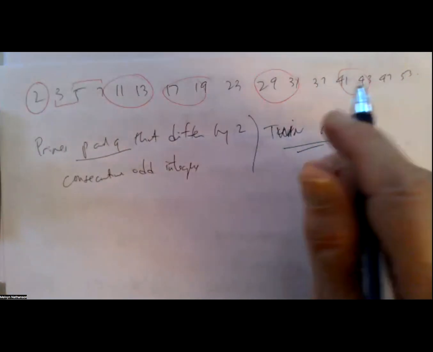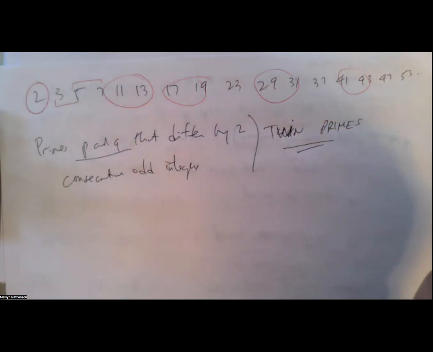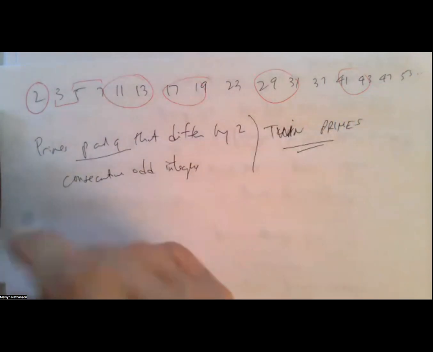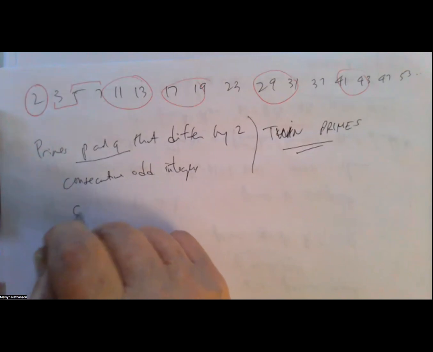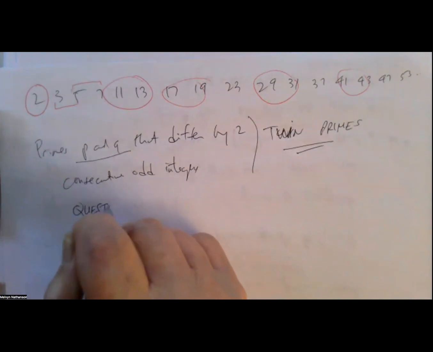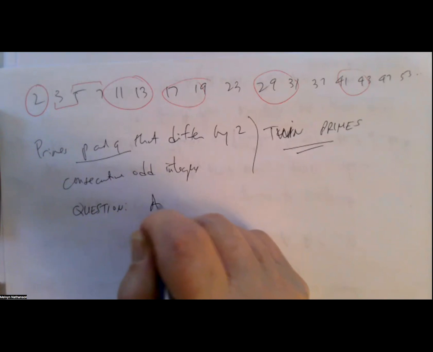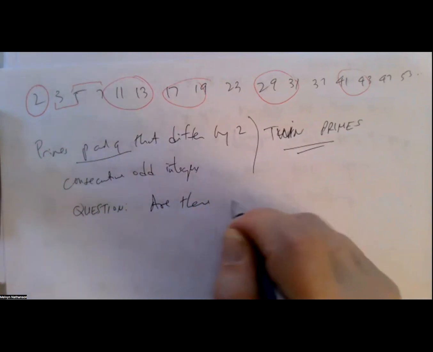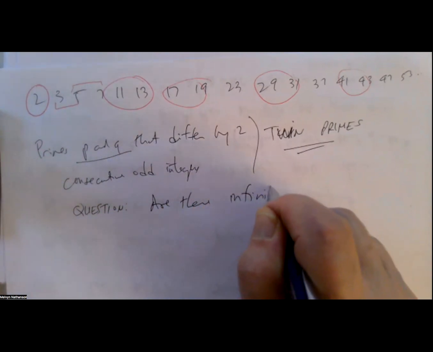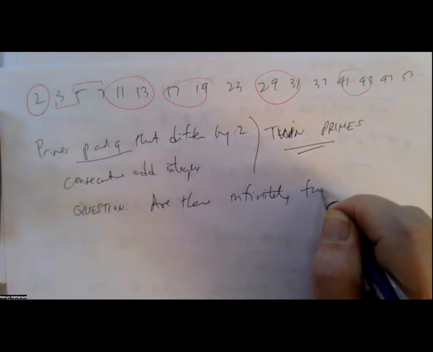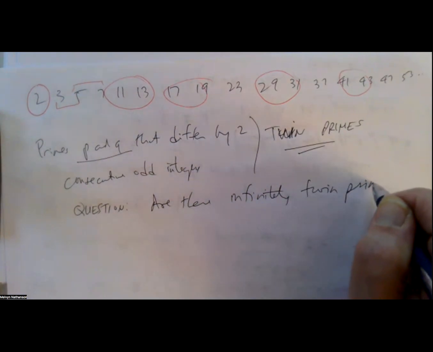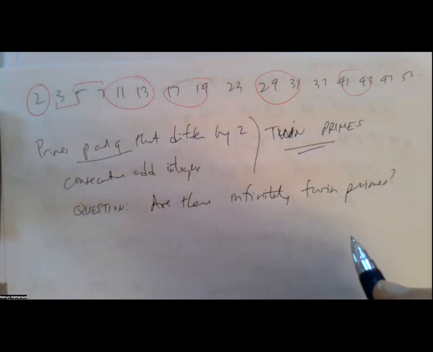And there are a lot of twin primes. We know there are infinitely many primes, but there is a question. Are there infinitely many twin primes?